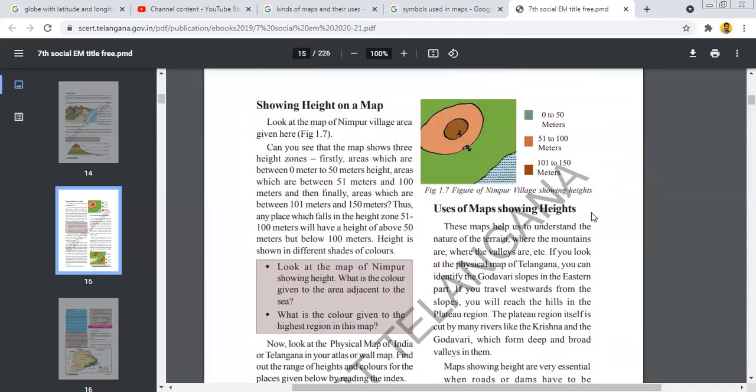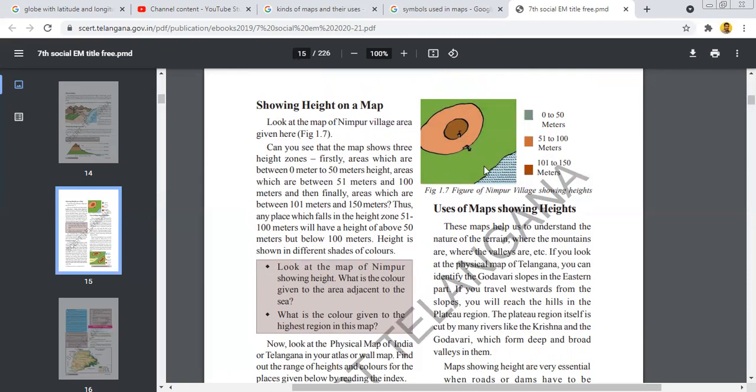Next, showing heights on the map. How to show? Here you can observe in this picture 3 circles, showing 3 height zones. One is colored green, another brown, and the other light pink.